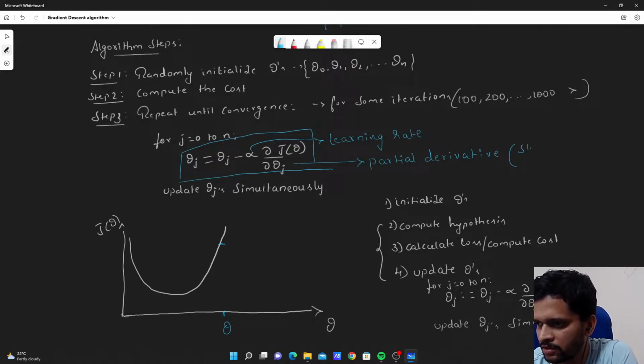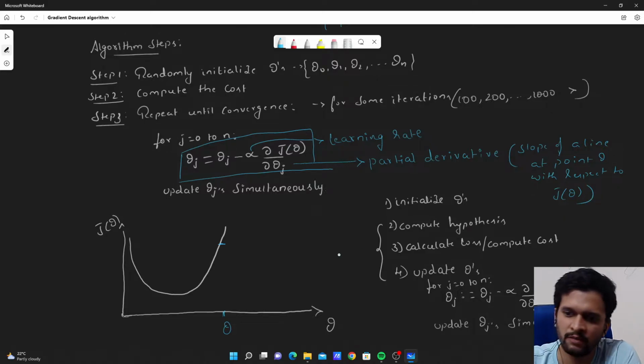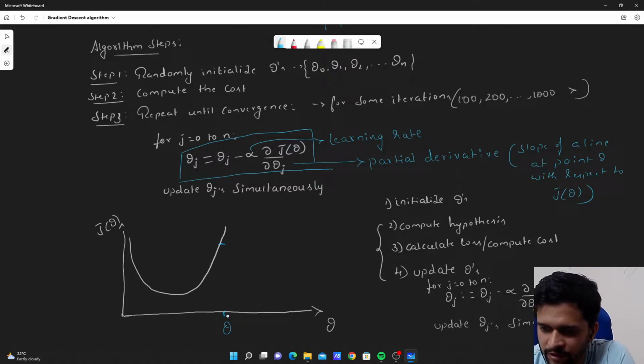So this is nothing but the slope of a line at point theta with respect to J theta. Initially, when we initialize the theta randomly, we will get some cost. At that point over the cost function curve, we will find the slope, and depending upon the slope, we will move either towards the right or towards the left in order to update the theta value.